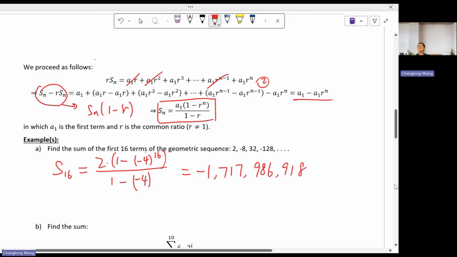It's a big number, basically. Right? But you see, how many terms did we add up? Only 16 terms. Yeah, that's how quickly the geometric sequence will grow. I mean, in absolute value, right? Yeah, so I guess now's a good time to use scientific notation, right?